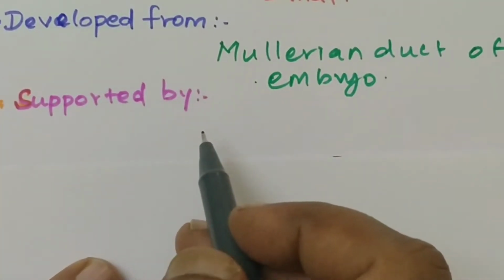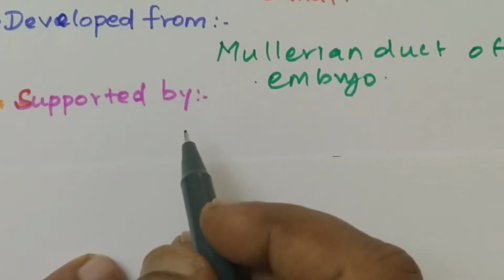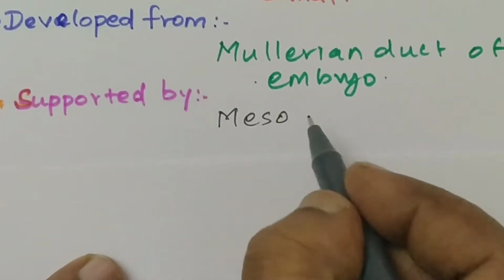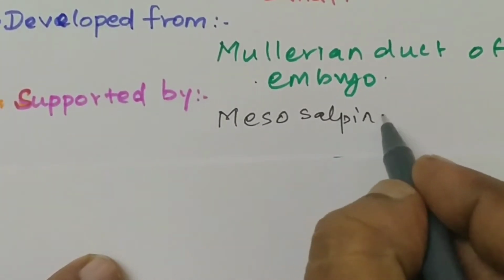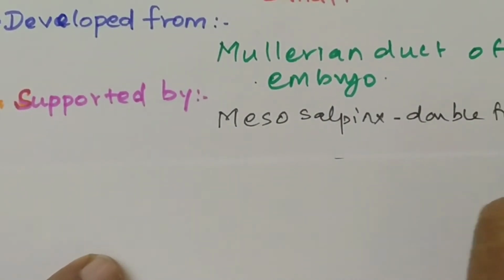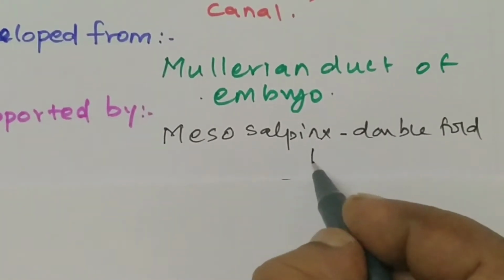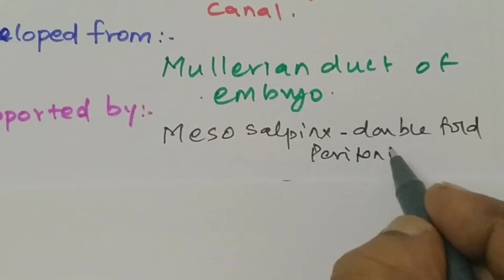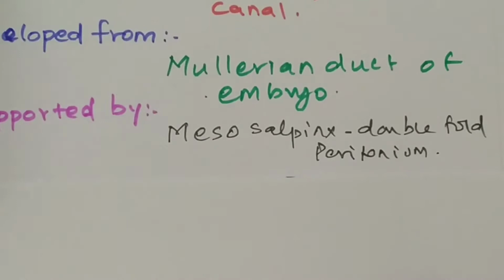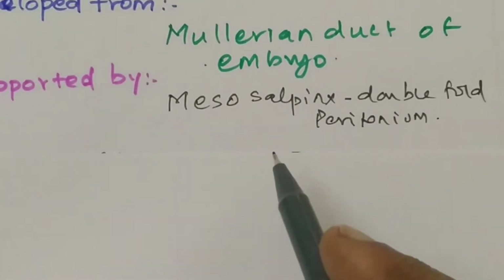The fallopian tube is attached to the pelvic wall, the hip wall, by a double membrane structure called the mesosalpinx. It is a double fold of peritoneum. Each and every organ in the female reproductive system is held to the peritoneal wall by a specialized structure.